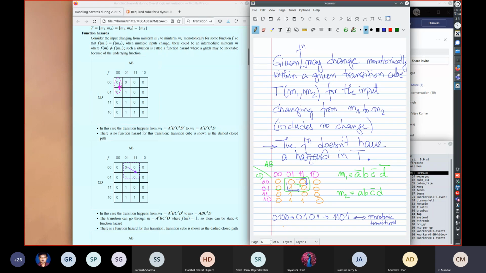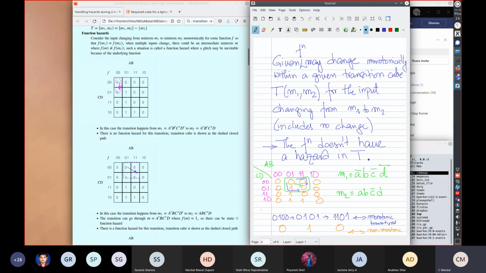The output is, this is 0, this is 1, this is 0. So this is non-monotonic, and here you have a function hazard.